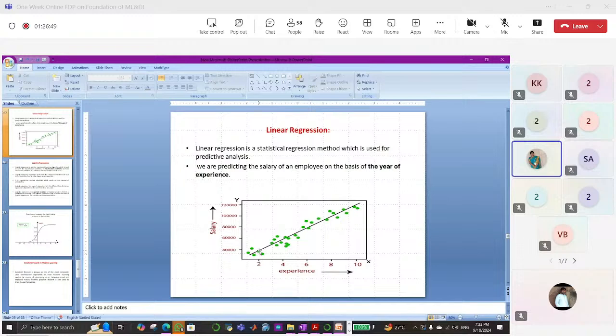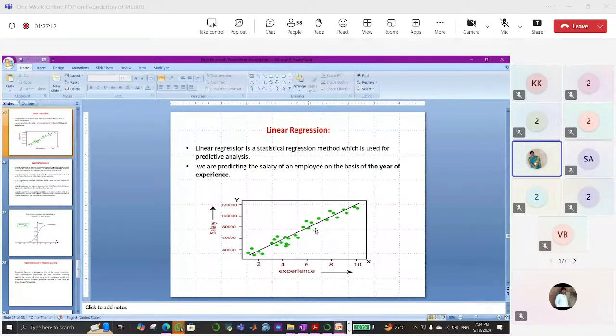If you draw the line on this linearly separable line, it is 40,000. Next, 4: if you draw the line on this diagonal line, 4 means 60,000 like that. So based on these data points, data set values, we can draw our line.